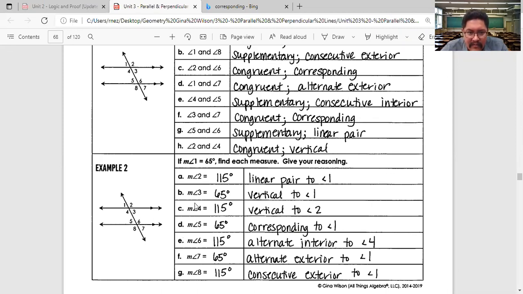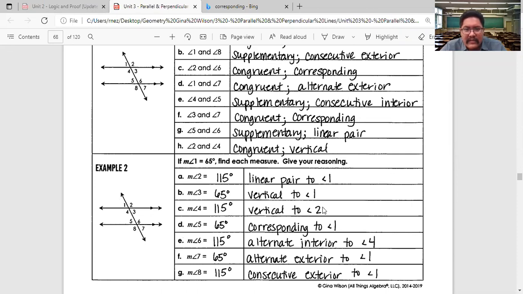All right, moving on. So part C, measure of angle 4. So what is angle 4? Well, in this case here, there's 2 things we could do. 1 and 4 form a linear pair, so you could pick that one as well. You could say that since they form a linear pair, they should add up to 180, and we know that angle 1 is 65, so this must be 115 also.